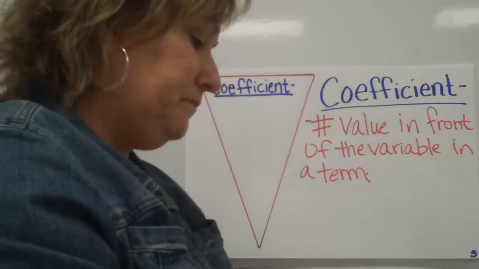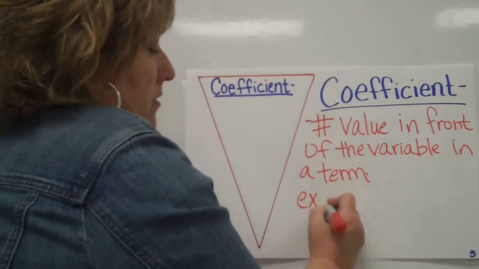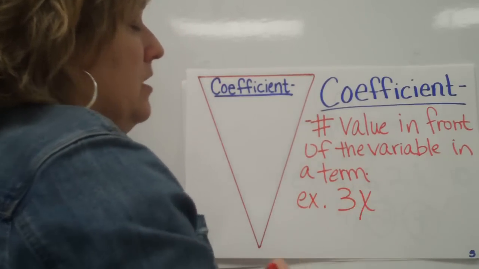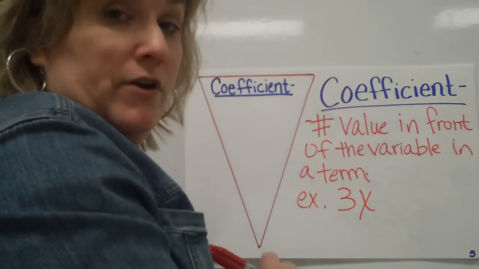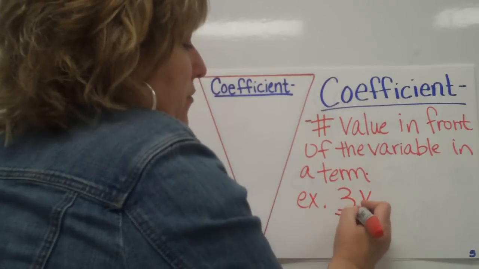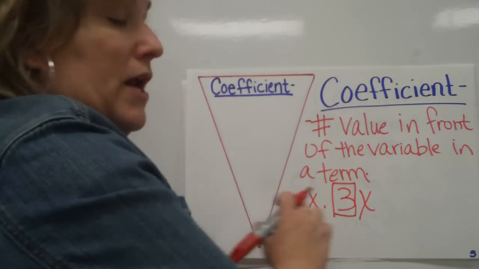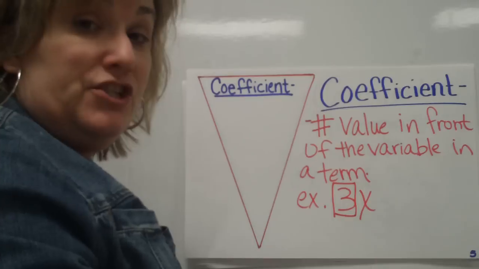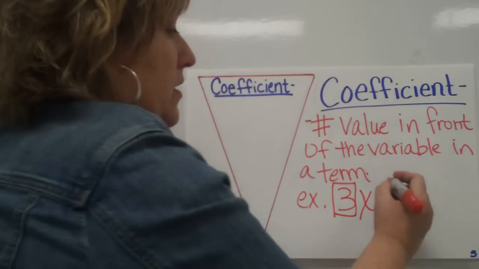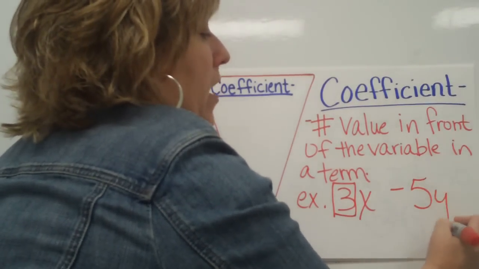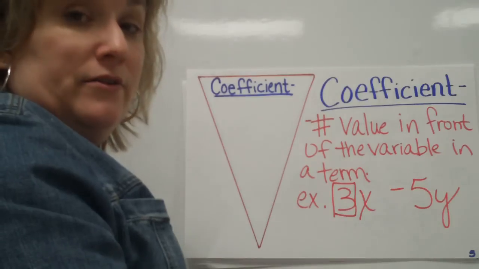So for example, if I have 3x, what is the number value in front of the variable? That would be my 3. That is your coefficient. If you have a highlighter and you want to highlight the 3, that is your coefficient. Another one, let's look at -5y. What's the coefficient here?